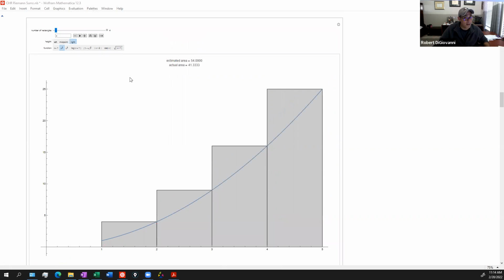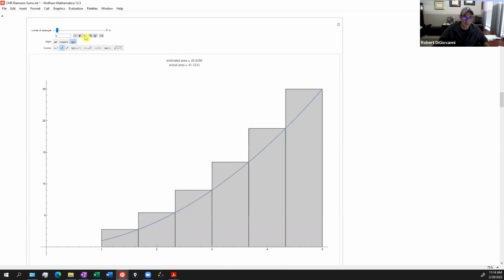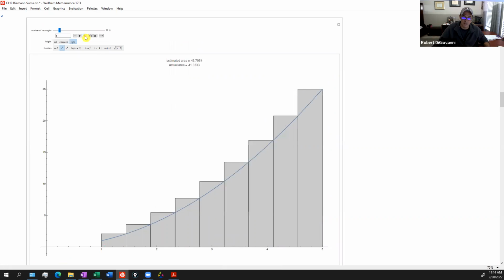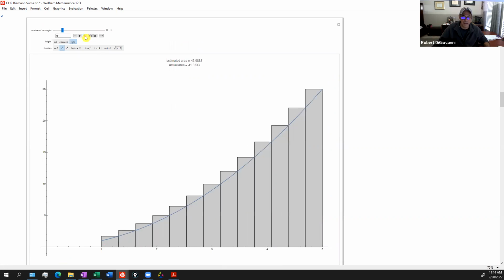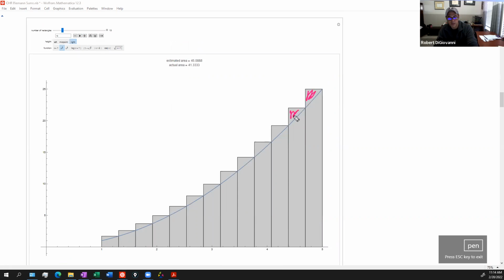Well, it's kind of like the method of exhaustion now. How far am I willing to go, right? If I do more rectangles, you see what's happening to the error. Our error is this region here. This is the stuff that's too much. We're overestimating. But as I do more and more rectangles, I'm getting less and less error.